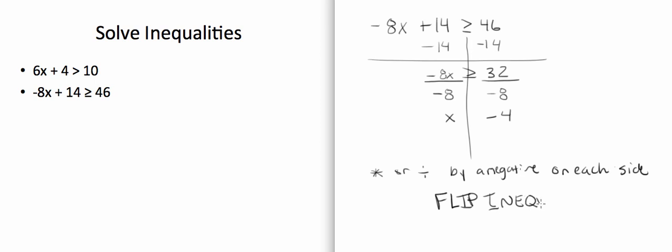So what we have here is this inequality. We see that we divided by a negative 8 on each side. So now our inequality is going to flip and become less than or equal to negative 4. So that becomes our final answer.